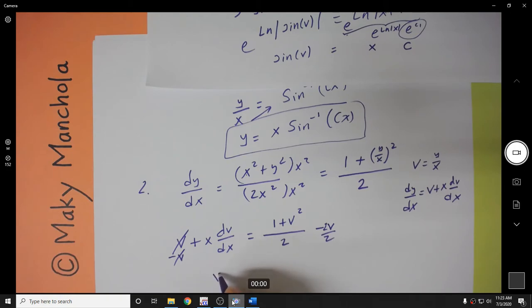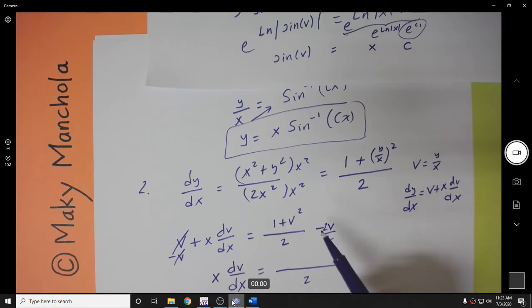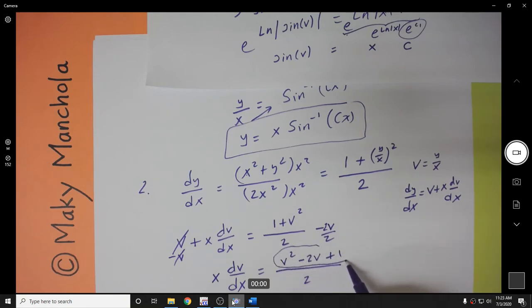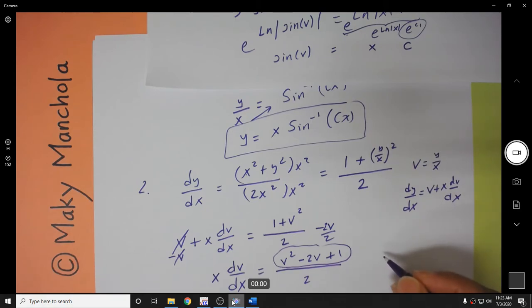So we end up with x dv/dx equals, denominator is 2. Let me rearrange my terms in decreasing order of exponent on the variable v. So I get v squared minus 2v plus 1, which is a nice expression. It factors into a perfect square, (v minus 1) squared.